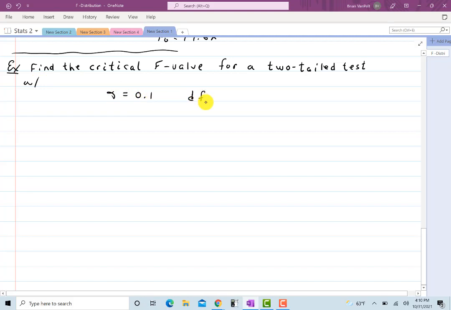The degrees of freedom in the numerator equals 24, and the degrees of freedom in the denominator equals 28. Now, as I said, you're always going to be doing a right-tailed test.